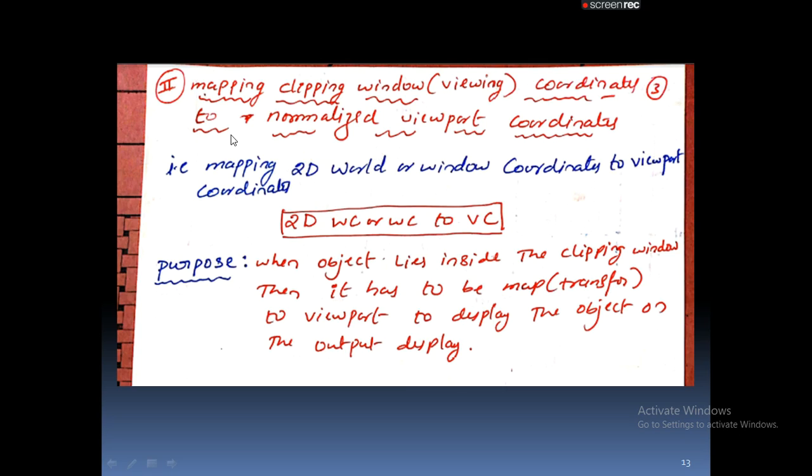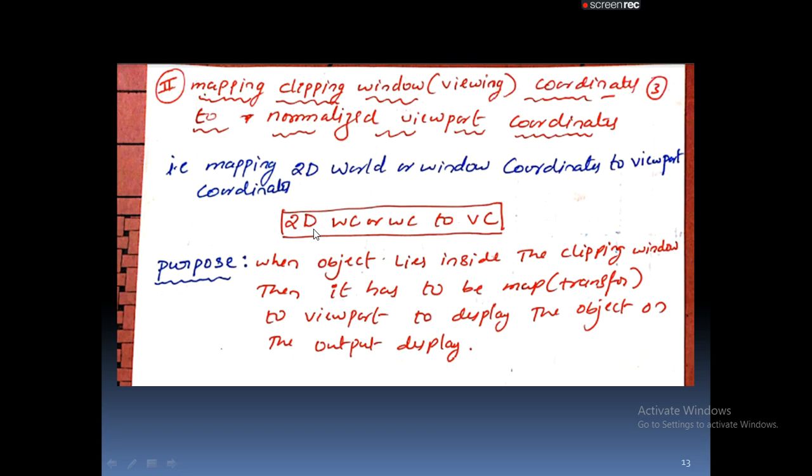Now, the next topic is mapping two-dimensional clipping window coordinates to normalized viewport coordinates. That is, mapping two-dimensional world or window coordinates to viewport coordinate.